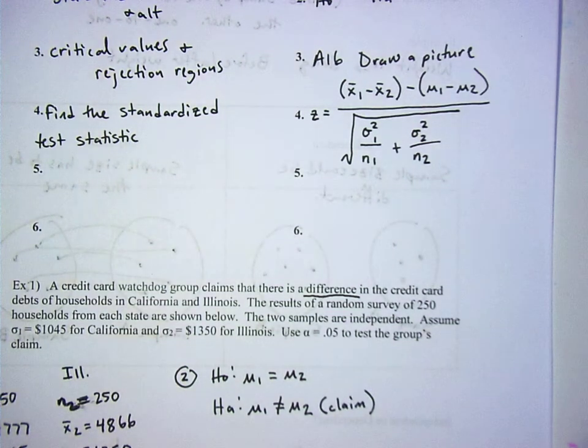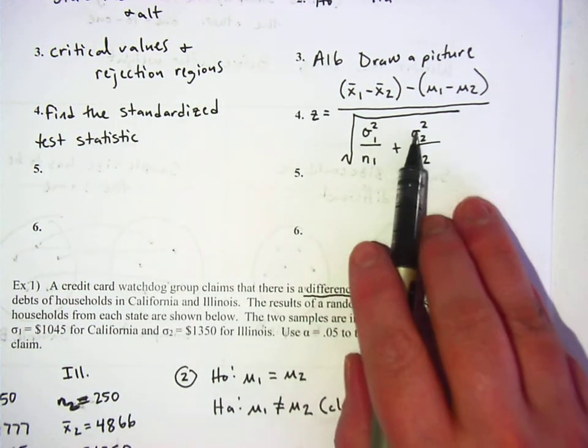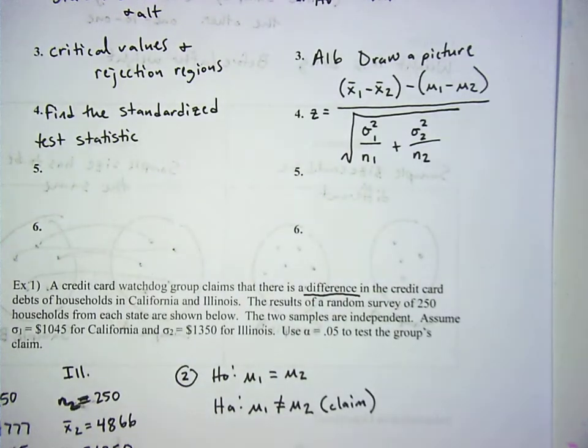Is that all squared? That's a sigma squared sub 1 and a sigma squared sub 2.